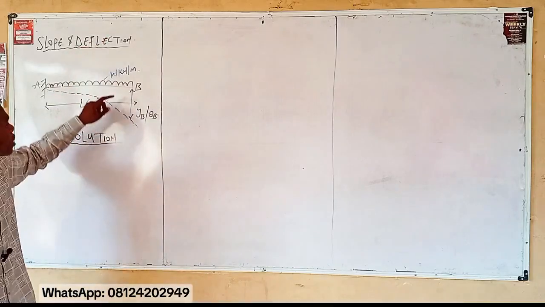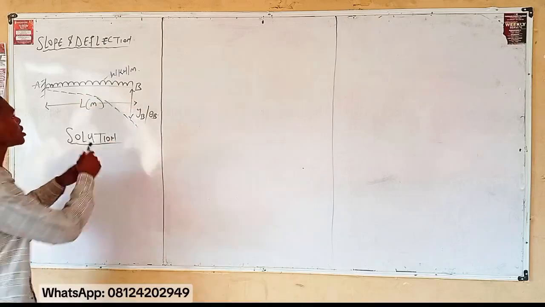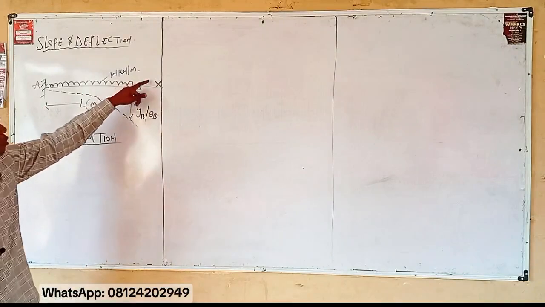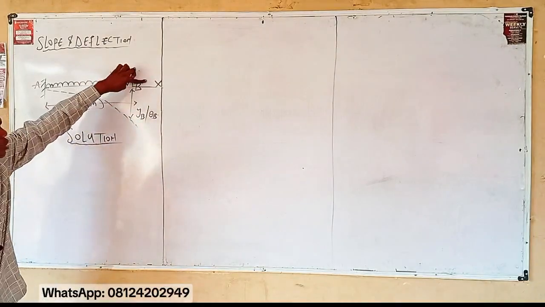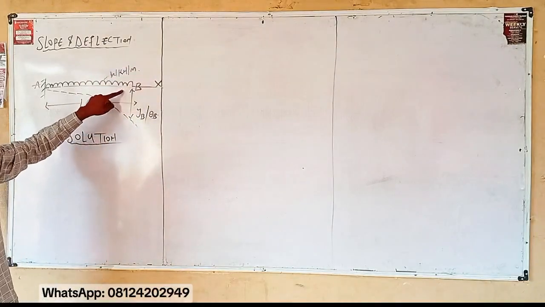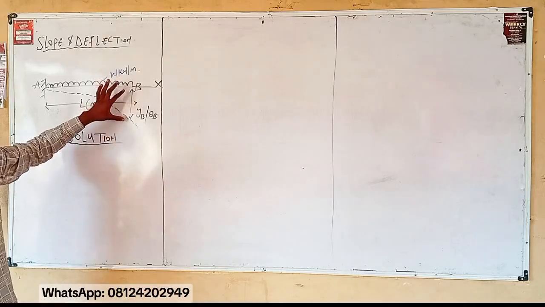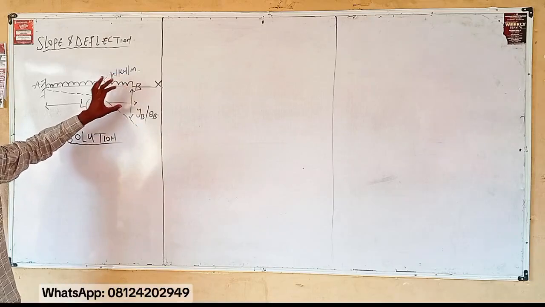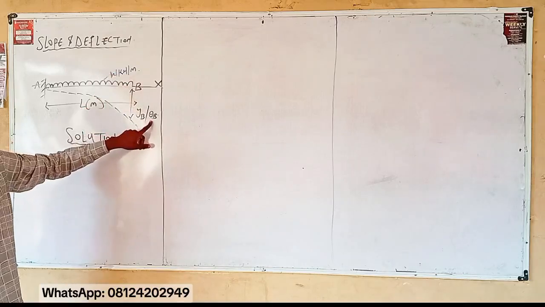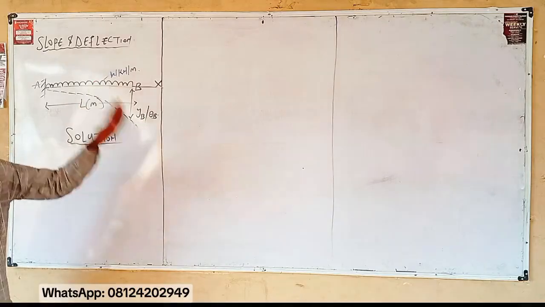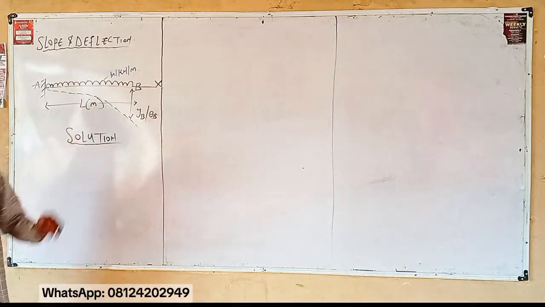This is the axis of your beam. The difference between this axis of your beam and this deflected part is what we want to get. We want to know the value of the deflection and the value of the slope, since we said slope can only occur at the free end. Are you with me?